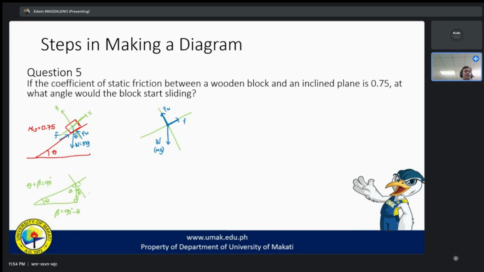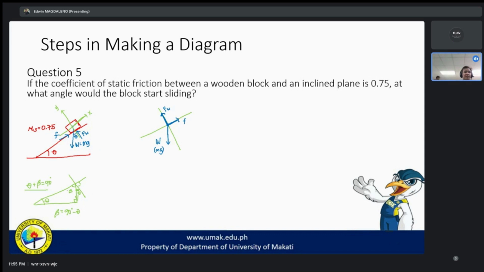So they are 90 degrees. That means that beta plus theta plus this angle here should also be 90 degrees. So it will also follow here. So if beta is 90 minus theta, the angle here should also be theta. Theta pa rin siya. Okay?